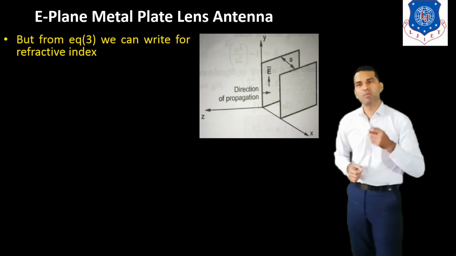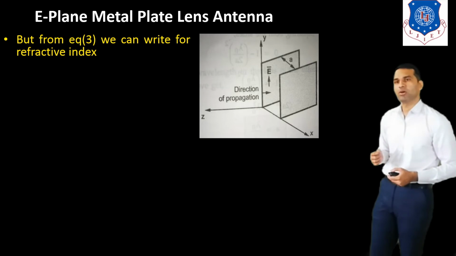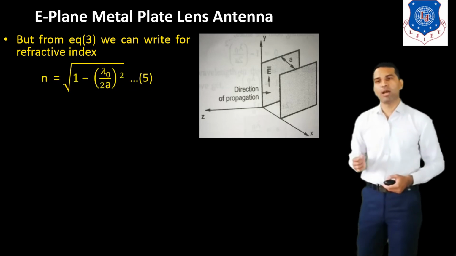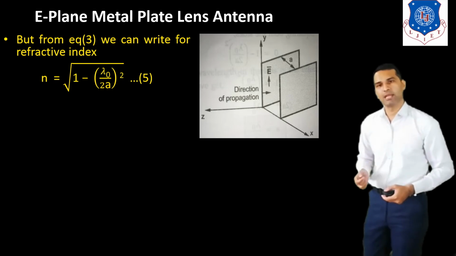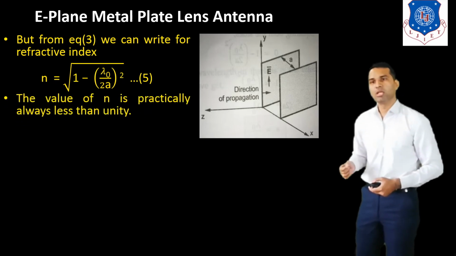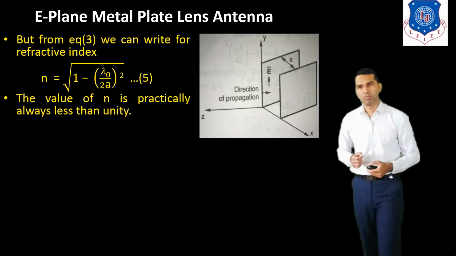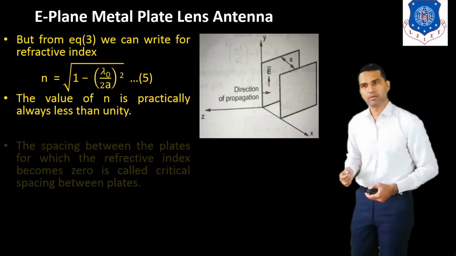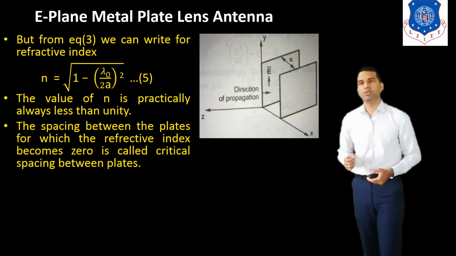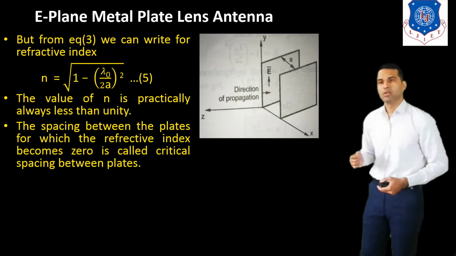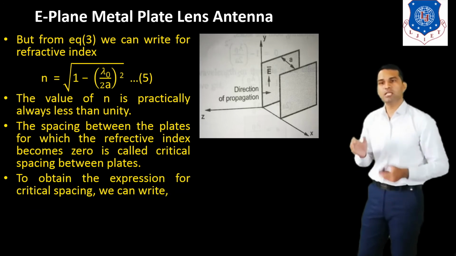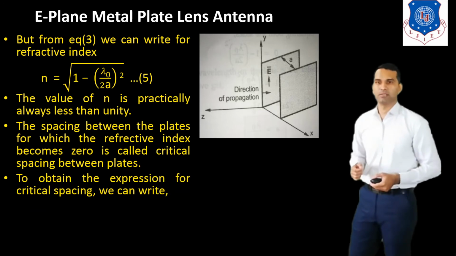But from equation number 3, we can write for the refractive index n equals under root of 1 minus (lambda 0 upon 2a) square. The value of n is practically always less than unity. The spacing between the plates for which the refractive index becomes 0 is called the critical spacing between the plates.